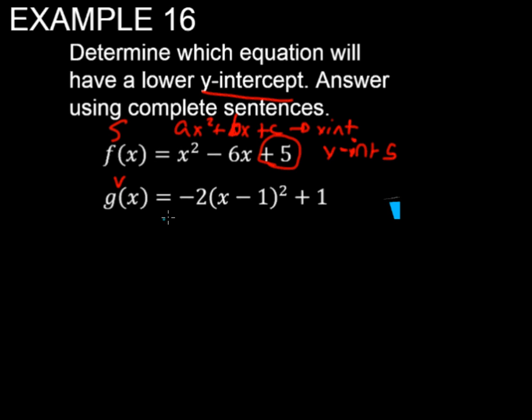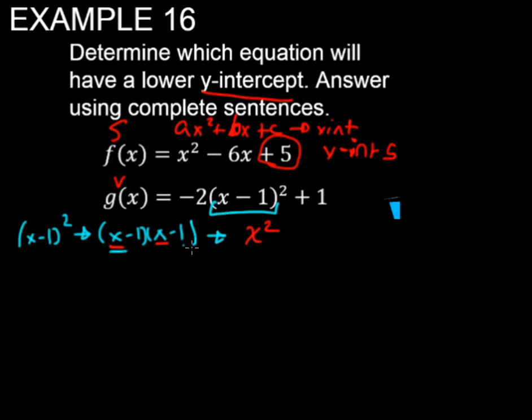So this one we have to transform into standard form, which means we expand x minus 1 squared. So x minus 1 squared means x minus 1 times x minus 1. We get x times x, which is x squared.